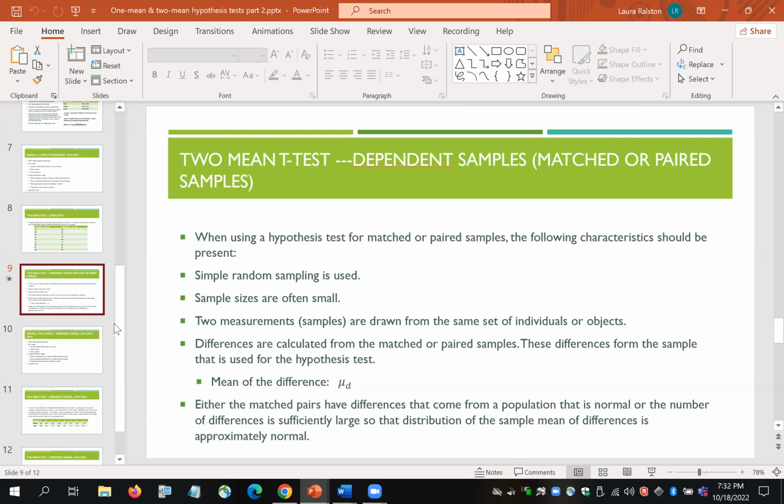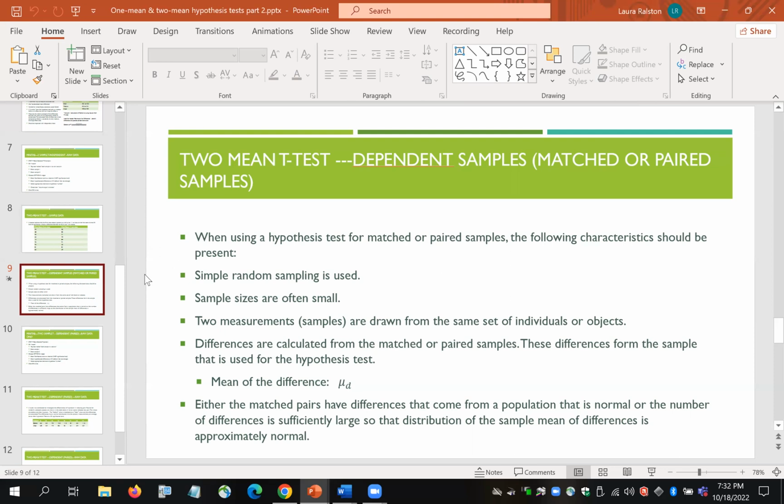With a paired t-test, you have one variable, one thing that you're looking at for one population at two different times. This is your before and after, pre-test, post-test. We could do year 1 to year 2. So you're looking at one variable from one group at two different times.